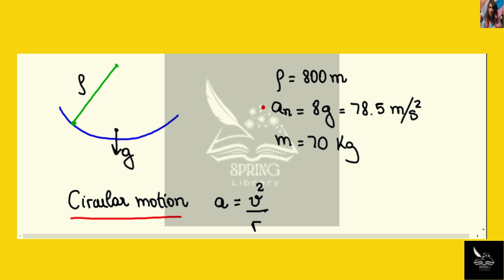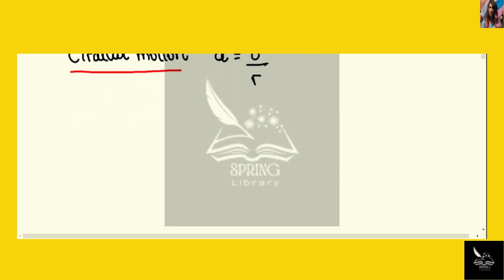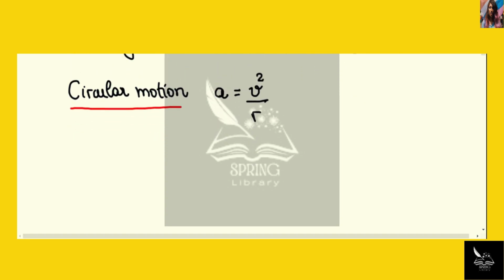So in the first part of the exercise, we have to find what is the maximum speed that the airplane reaches. And in order to do that, we can just use the formula for the centripetal acceleration, this one here, where you have that v is equal to the square root of the centripetal acceleration times the radius.